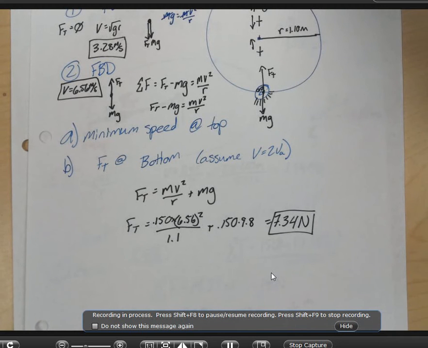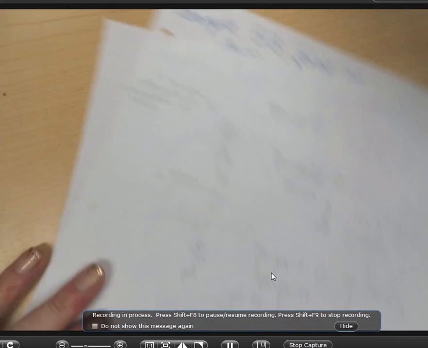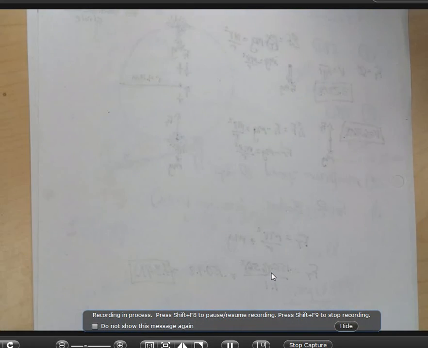There's a couple other things that you're going to look at in this chapter as far as examples go, but there's really just a couple of things that I want you to focus on as you're solving problems for circular motion, right?